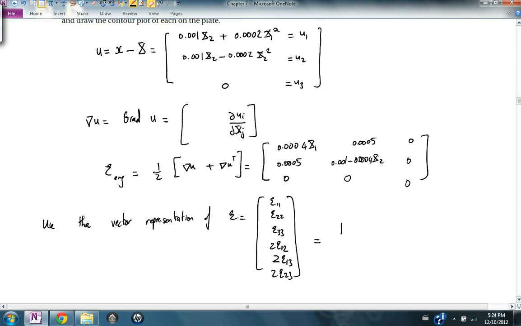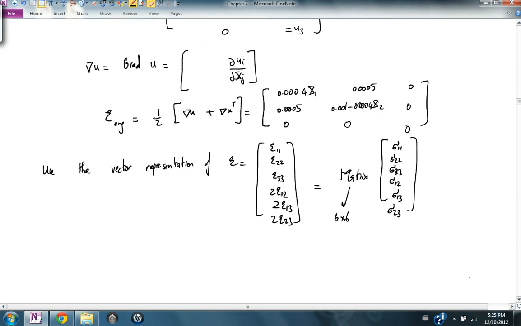And this is equal to a matrix multiplied by sigma 1,1, sigma 2,2, sigma 3,3, sigma 1,2, sigma 1,3, sigma 2,3. This is a 6 by 6 matrix. By inverting this 6 by 6 matrix, you are able to find 6 values for the stresses, which will be functions of the position because the stress varies as the strain, and so the final stresses will look like this.